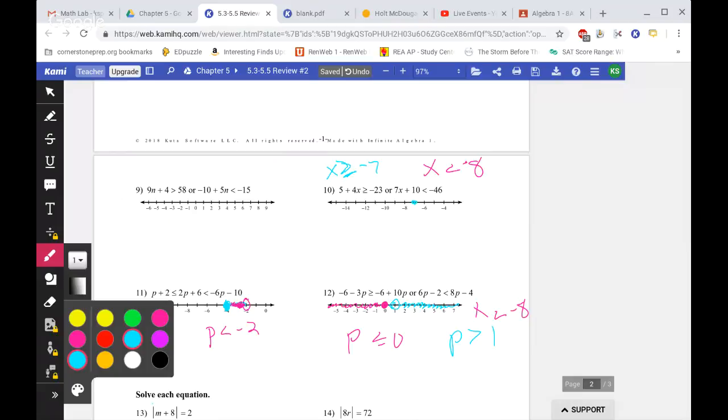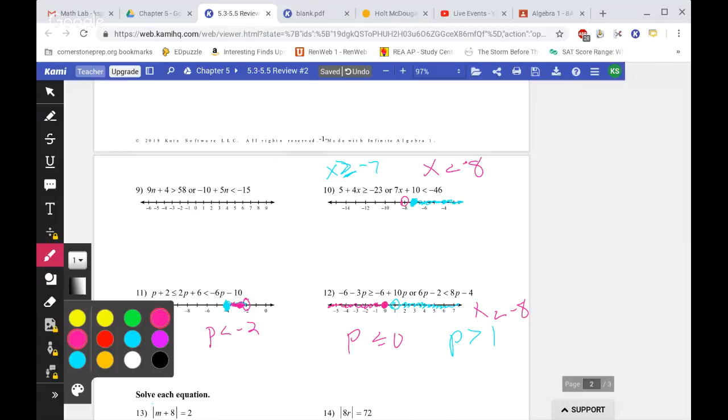Greater than or equal to, so we'll color that in. And it goes where it's greater than, so it's pointing this way. Or x is less than negative 8.